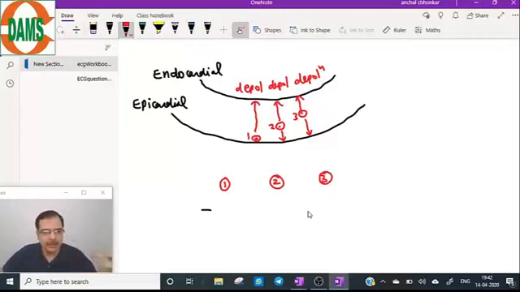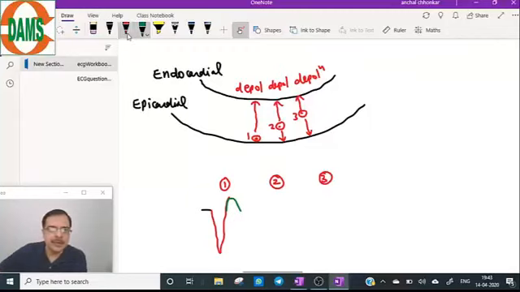What will be your QRS complexes? One thing is clear, all these three QRS complexes will be different in morphology because the ectopic is changing its sites. Some will be more negative, some less negative. So number one will be more negative. I will draw the number one QRS complex.